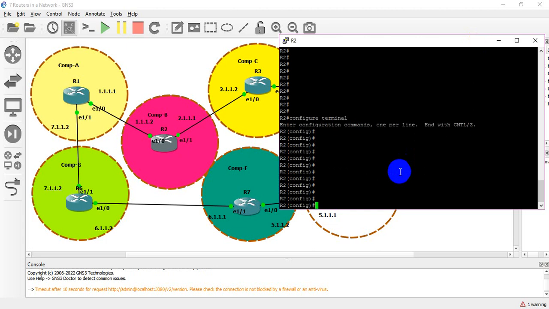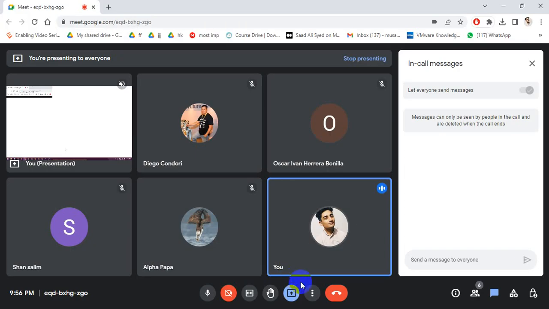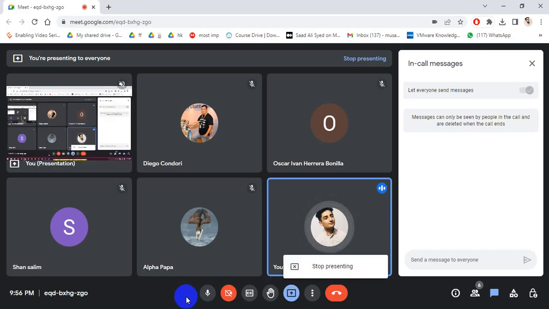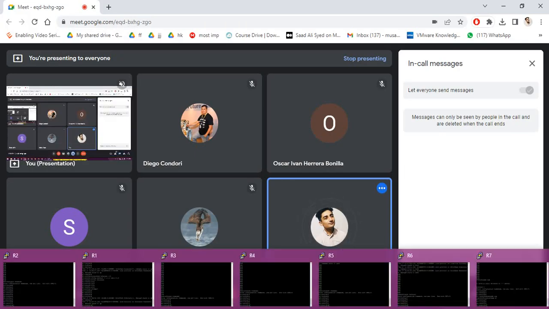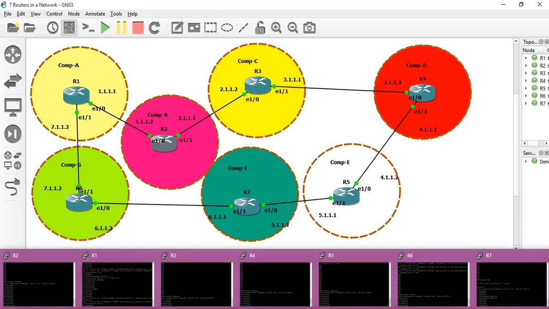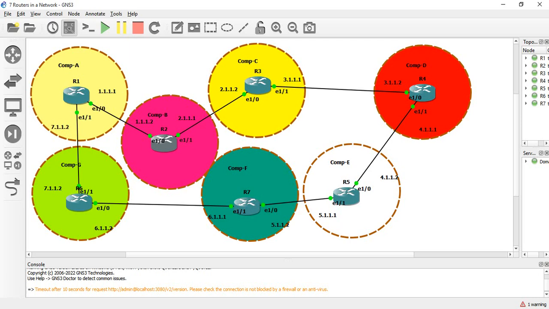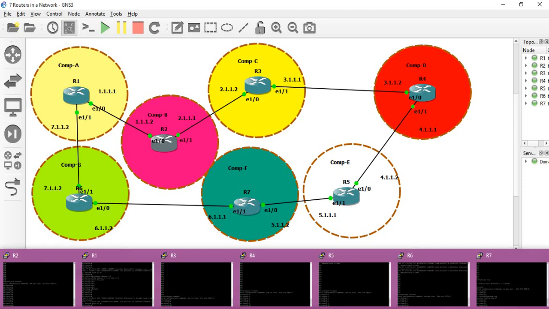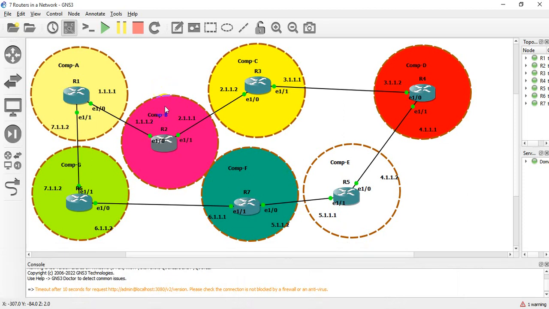Because if they haven't a logical address, then how can they communicate with each other? How will they know to which router port I want to send the data? So that's why. I've assigned IP addresses and made the ports up for communication in router 1.